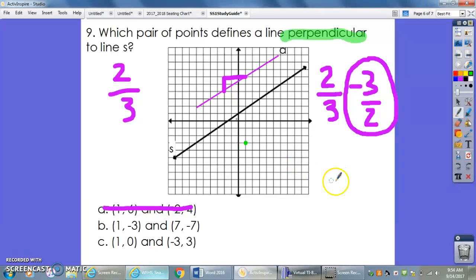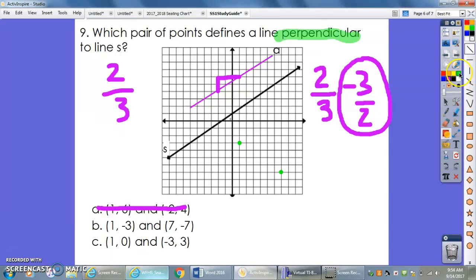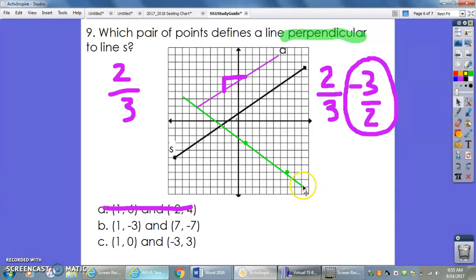I'm going to also draw a straight line through, and it looks like it's going to cross this line here. So I want to draw it so it goes all the way across so that I can see if I think it's perpendicular or not.